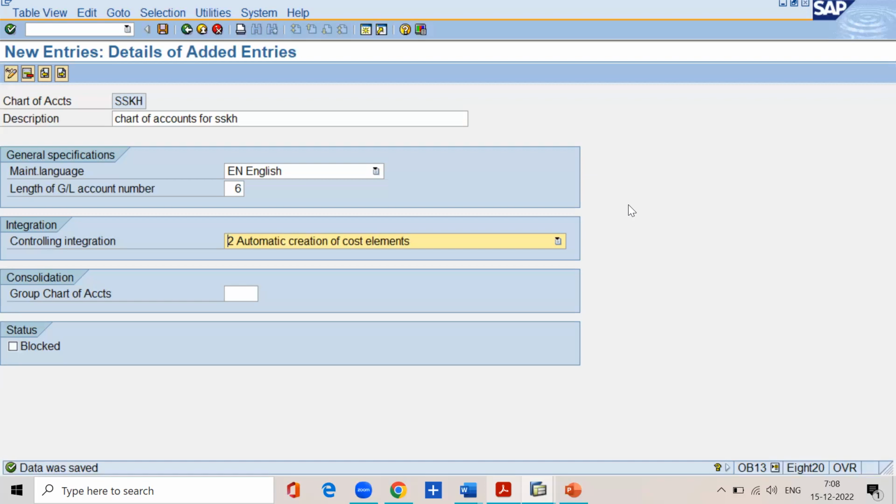So these 2 points I will show you and explain in the cost element accounting of the controlling module.